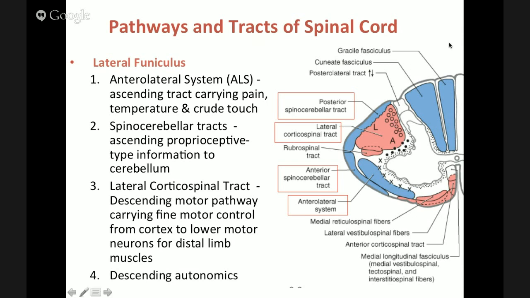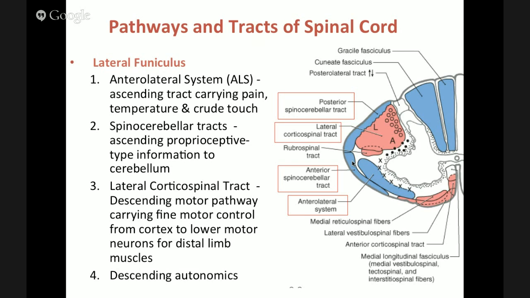The posterior spinocerebellar tracts carry what is sometimes referred to as unconscious proprioception, a term that can be a little bit annoying if you are a stickler for the meaning of proprioception.